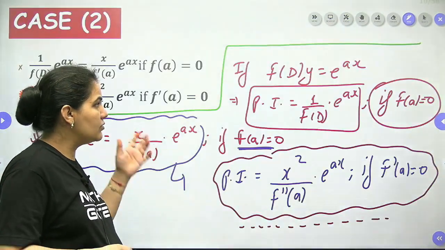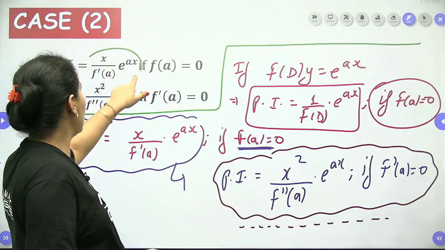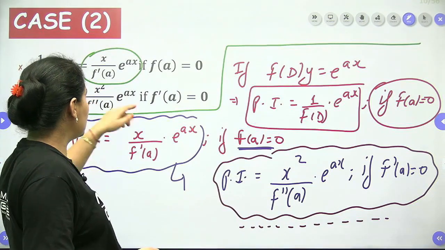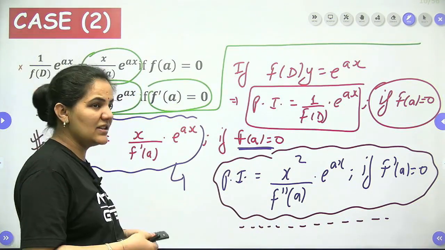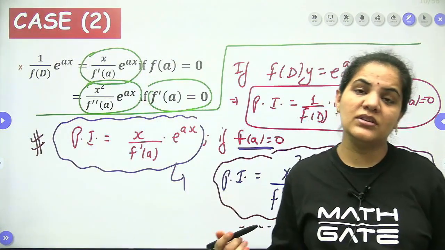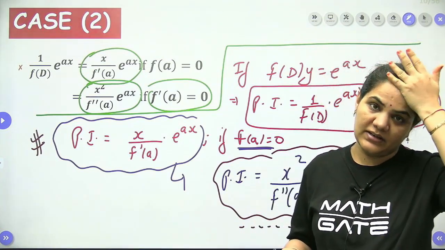When f of a is equal to 0, we will go for case number 2: x by f dash a into e to the power ax. If f dash a is again equal to 0, we will go for the next one, x square by f double dash a into e to the power ax. If f double dash a is also 0, we will go for x cube by f triple dash a into e to the power ax.